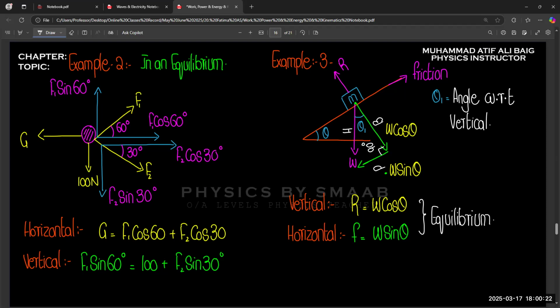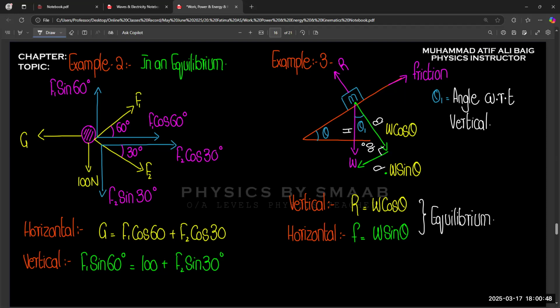Right? Any question, any confusion in these examples? Okay, so this is one idea, that how we consider the forces with different angle.